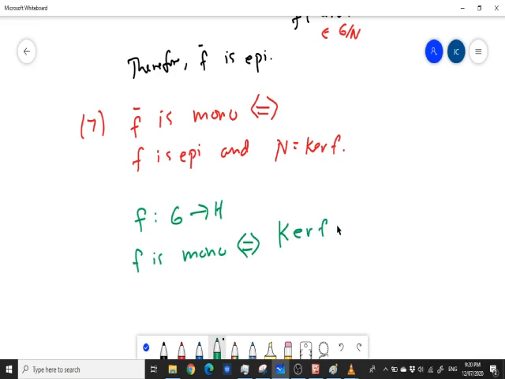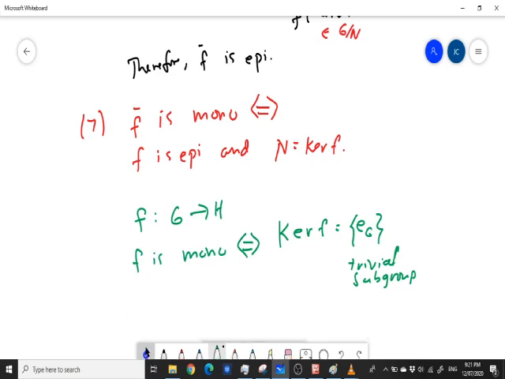The kernel of f contains only the identity of G. Trivial subgroup. The trivial subgroup. Okay. So we'll use that result.